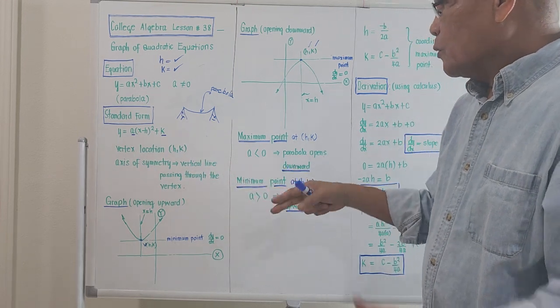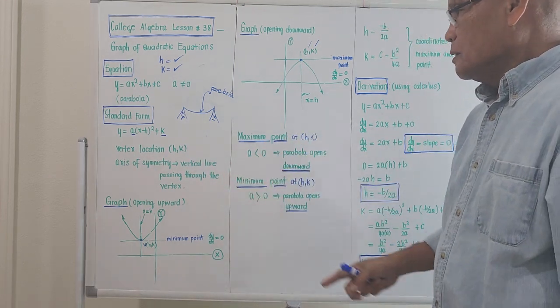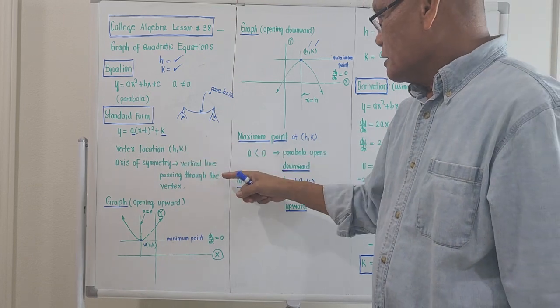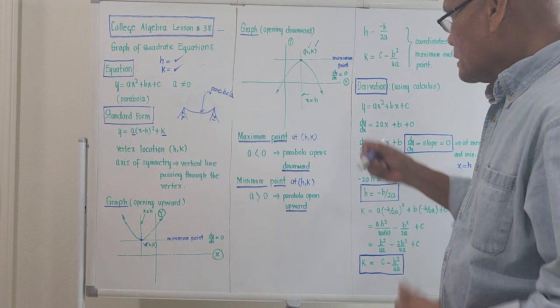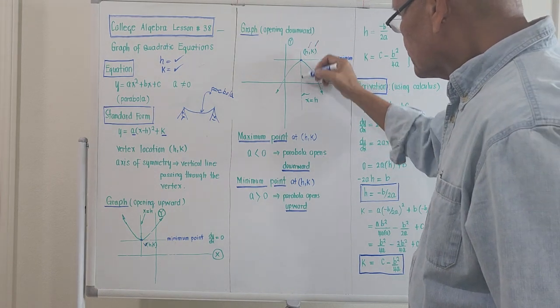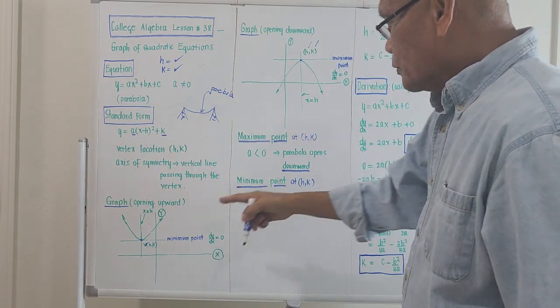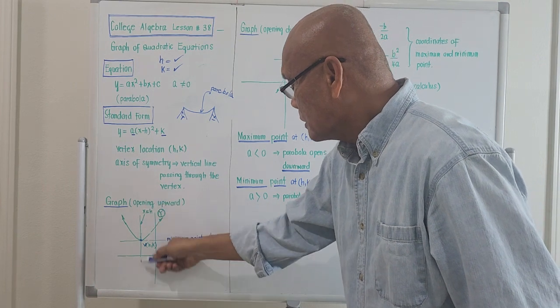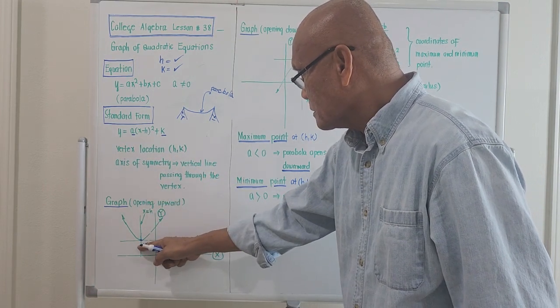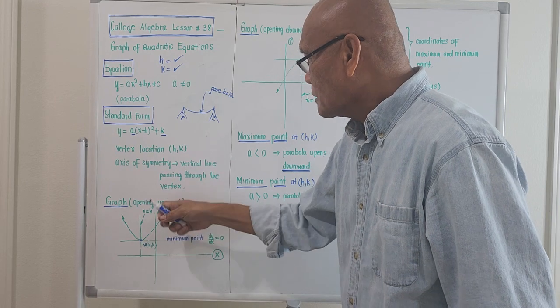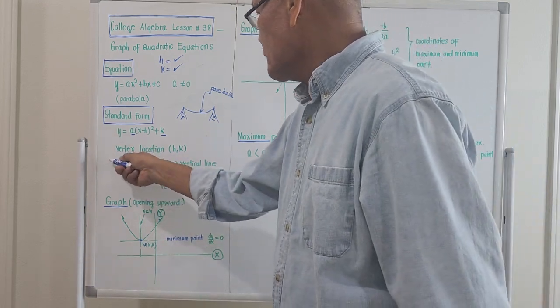And I will just mention the axis of symmetry. The axis of symmetry is the vertical line passing through the vertex. This is the axis of symmetry for this one, and for the first one, it is this. It is just the vertical line that passes through the vertex.